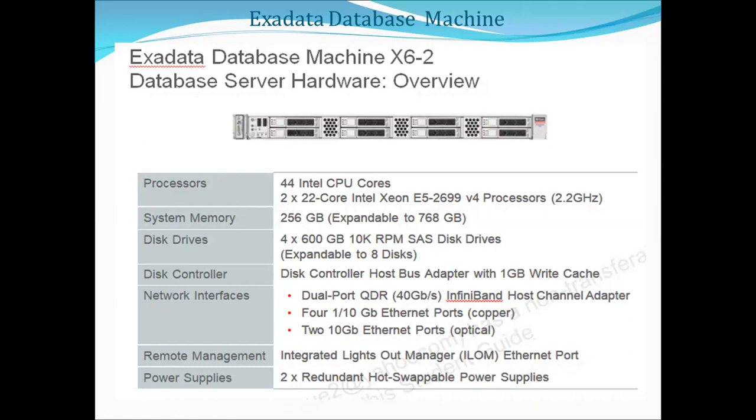We have processor, system memory, disk drive, disk controller, network interface, remote management, and power supplies. The total processor is 44 cores, and memory is 256 GB, expandable to 768. Disk drive is 4 x 600 GB. The disk controller has a 1 GB write cache. Network interface, remote interface ILOM, and two redundant hot-swappable power supplies.